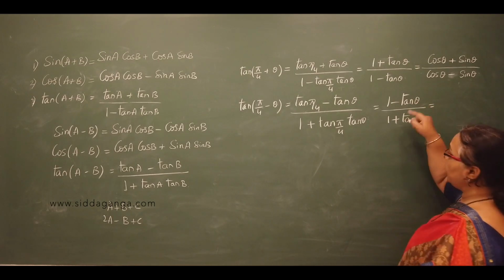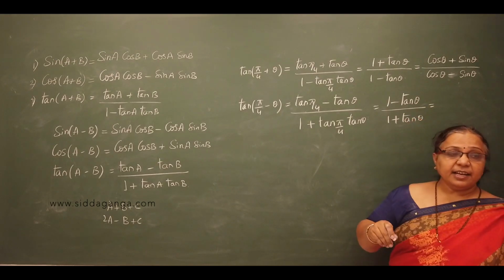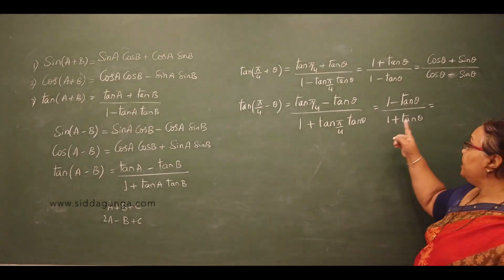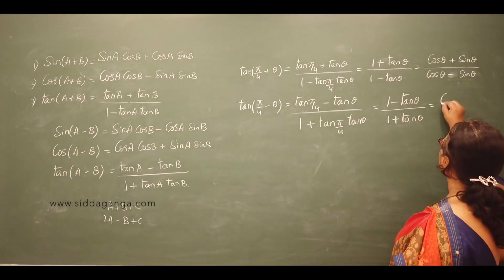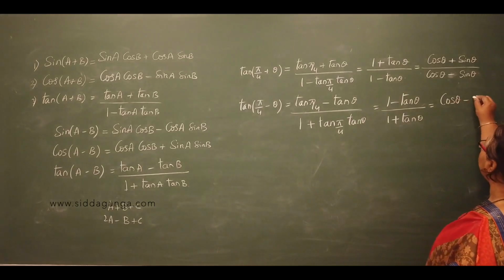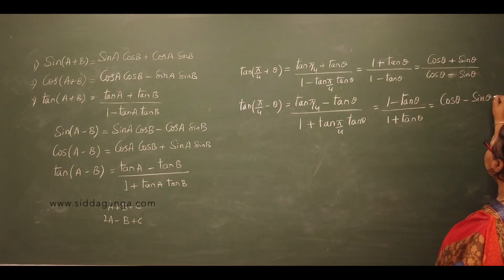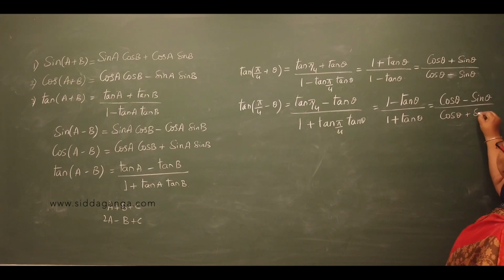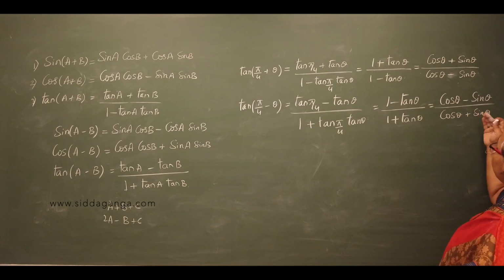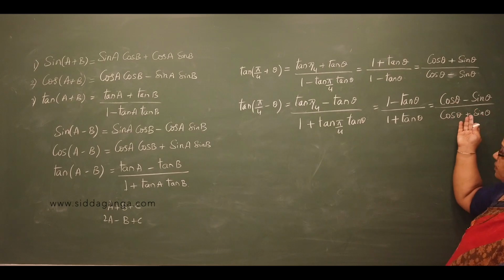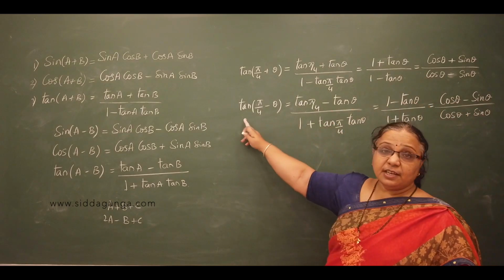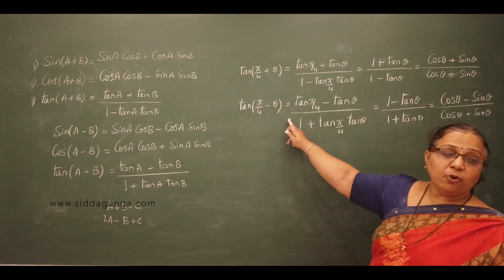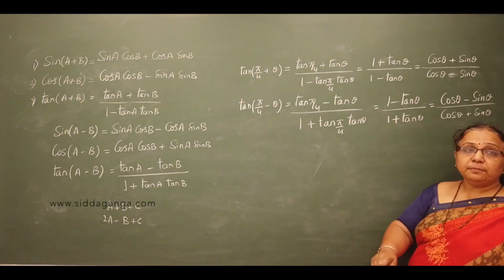So we can express tan theta as sin theta by cos theta, and we get cos theta minus sin theta divided by cos theta plus sin theta. Again, from this expression, we can express this as tan of pi by 4 minus theta.